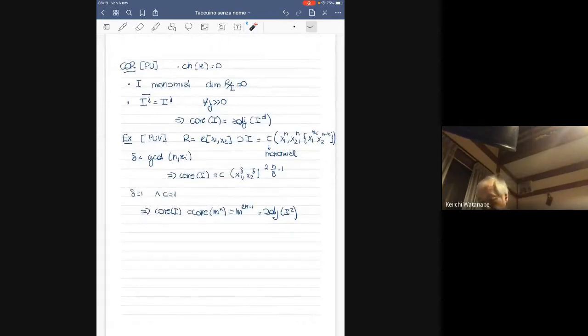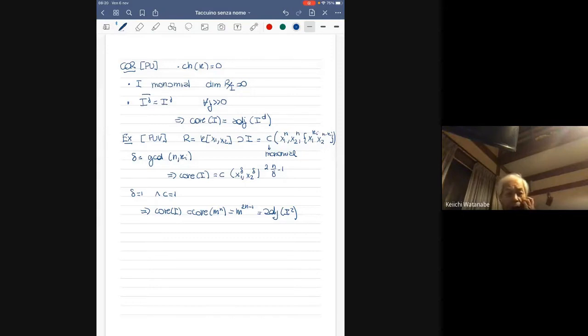So now, you could ask, as I said before, like in this case, I doesn't have to be integrally closed. I doesn't have to be even eventually normal, asymptotically normal, for the core to be the adjoint. Really here, the only thing that you need is that the core is integrally closed. So is this more true?